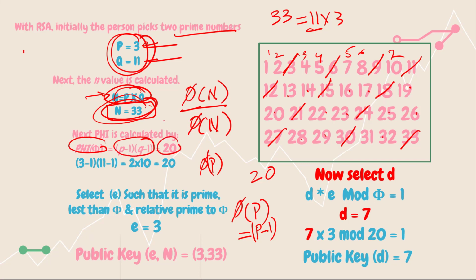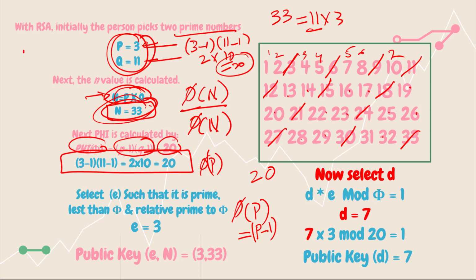If you do that, 3 minus 1 and 11 minus 1, 2 times 10 equals 20. So you can easily find the phi function of n if n is a product of two prime numbers. That's easier for us to calculate, no matter how big the number is.